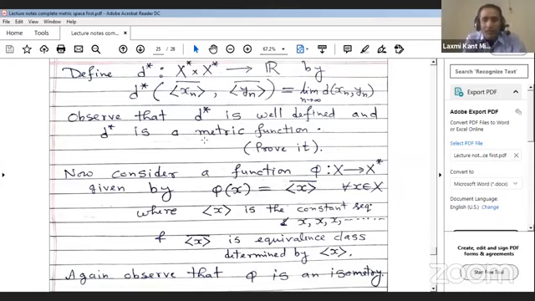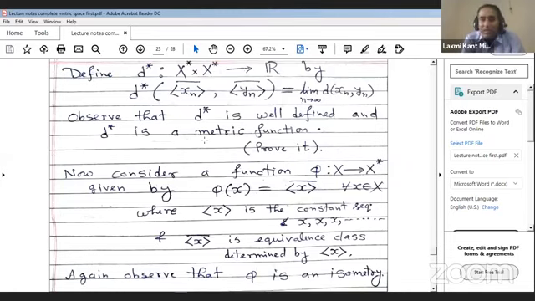So now consider the function phi from X to X star. How is phi defined here? Phi is defined in the way that we send small x to the equivalence class of bracket x. And what is bracket x? Bracket x is the constant sequence x, x, x and so on.